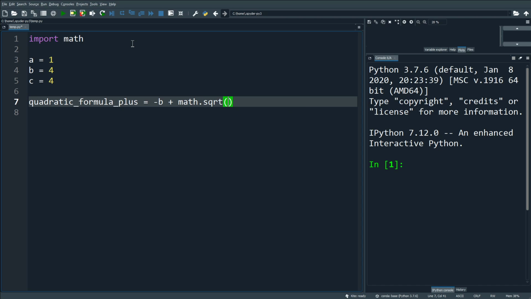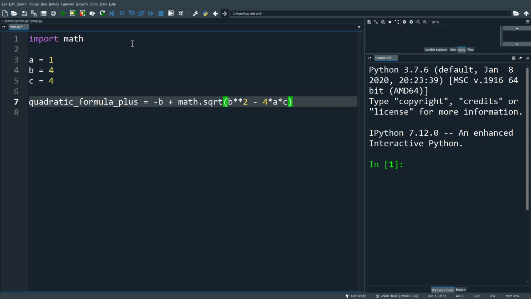This is an example of a function, specifically a math function. And anything inside those parentheses will square root that value. So, what are we square rooting? Negative b plus or minus the square root of b squared minus 4 times a times c.